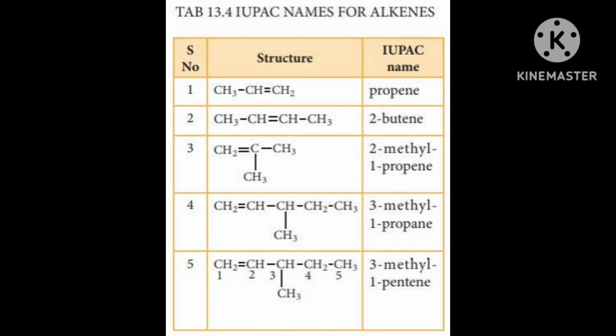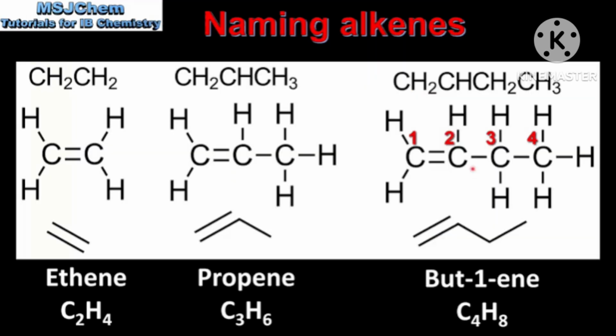But at the start, how will you do it? Carbon number 2 and carbon number 8, methyl group is there. Hence you will write 2,8-dimethyl, with a dash. And after that, what will you write?